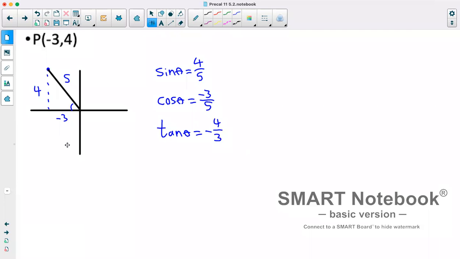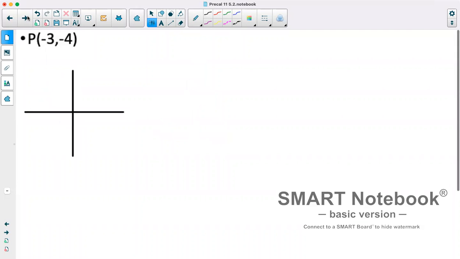Okay, so next we'll look at one in quadrant 3. So we have (-3, -4). So that, for example, would be about here. We'll create the triangle, label our sides. So this is -3, -4. This is 5. So sine of our angle is still our opposite of -4 over our hypotenuse of 5.